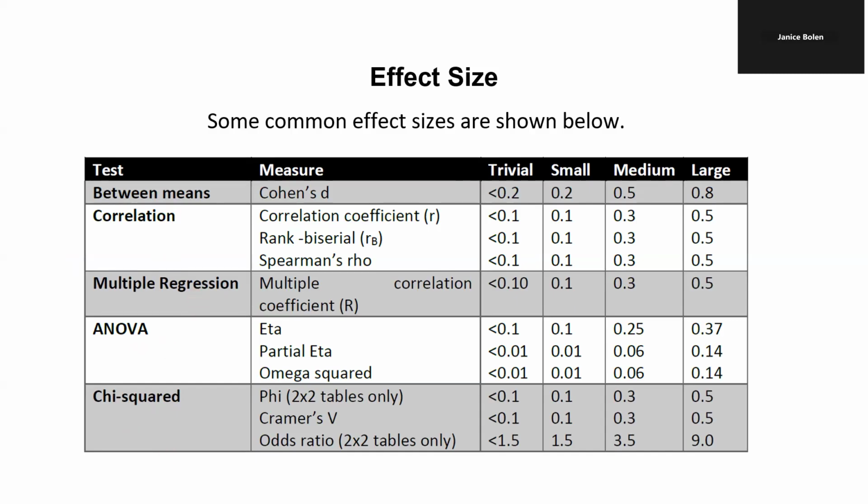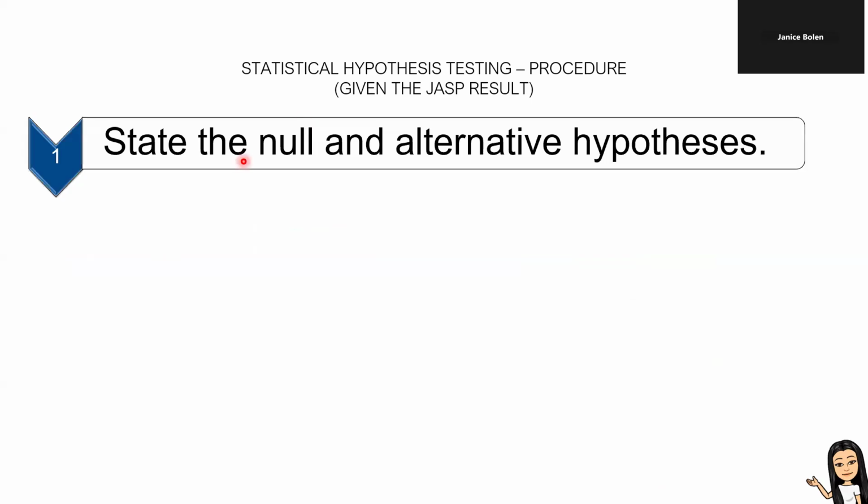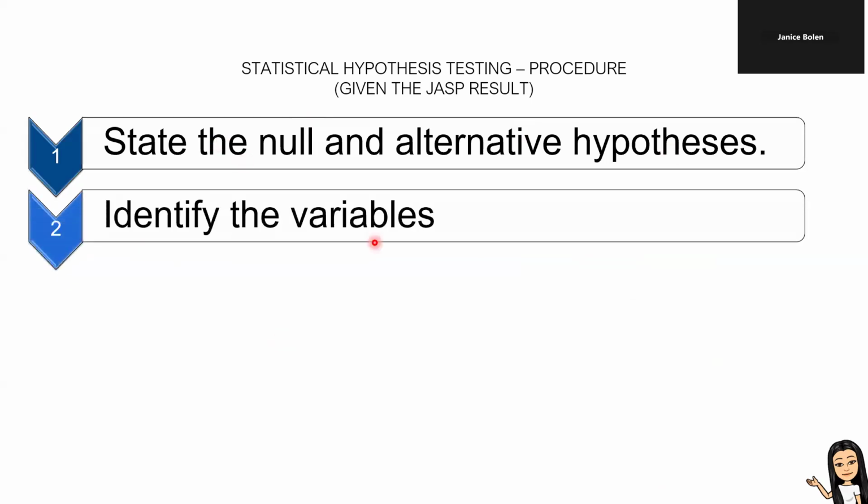Now, in our case, for the learning tasks that we will have in our class and also in our exam, given the JASP result, how are we going to proceed with the statistical hypothesis testing procedure? First things first, state the null and the alternative hypothesis. Then we identify our variables for the independent samples t-test: the dependent and the independent variables.